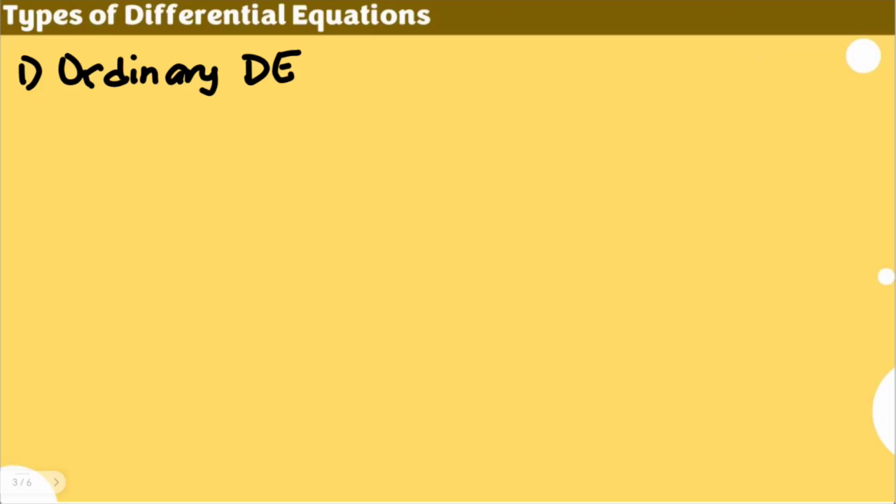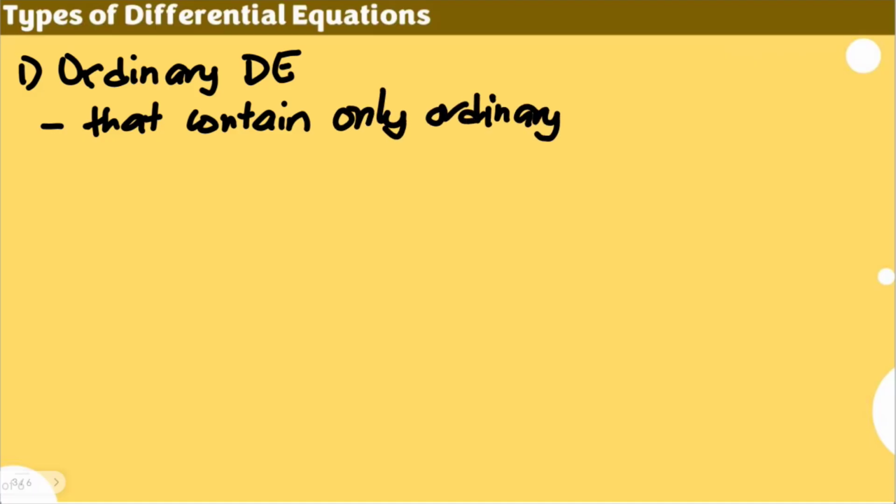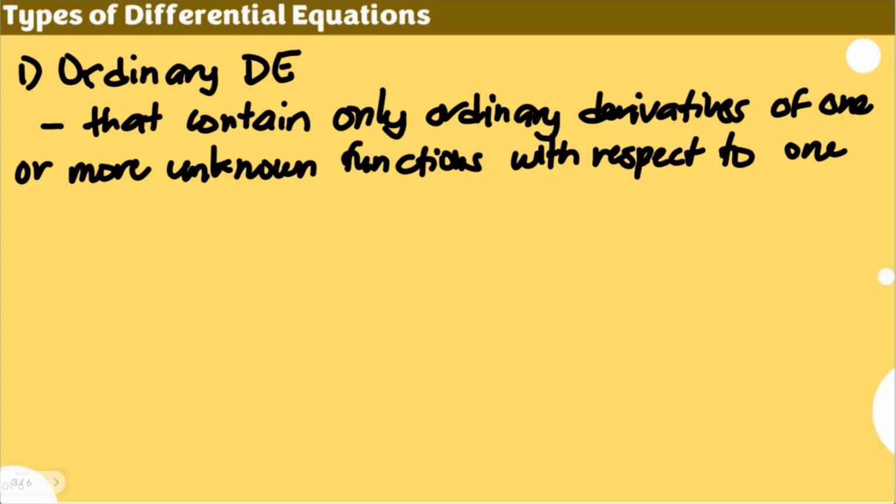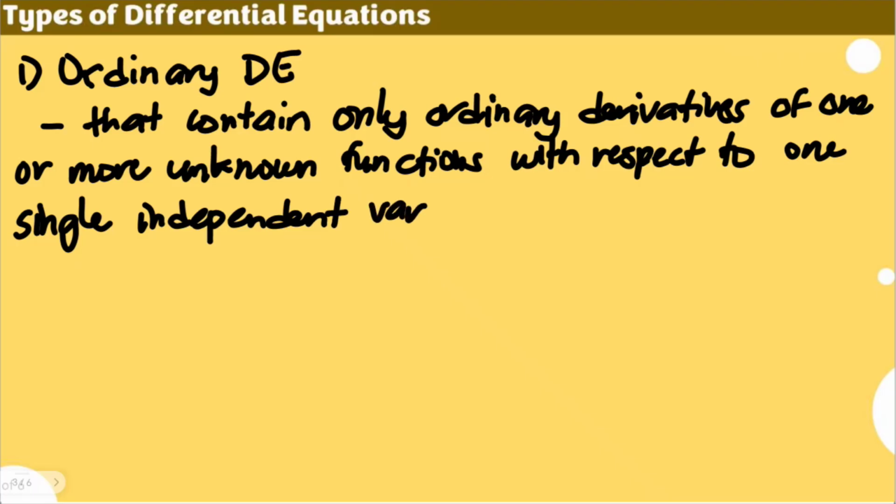Its definition is a differential equation that contains only ordinary derivatives of one or more unknown functions with respect to one single independent variable. Again, in the previous video, we talked about ordinary derivatives.